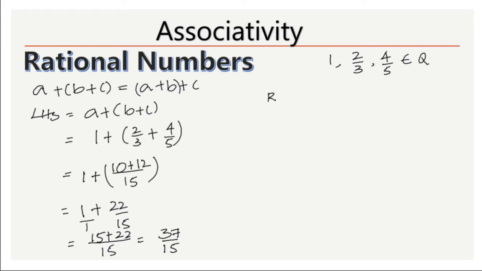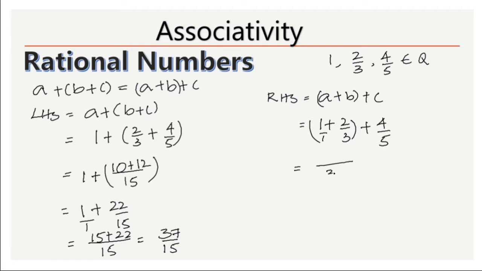Let's take up the right hand side. In the right hand side we have a plus b added to c. 1 plus 2 by 3 added to 4 by 5. The LCM of 1 and 3 is 3. So 3 to be added to 2 plus 4 by 5. This is 5 by 3 plus 4 by 5.